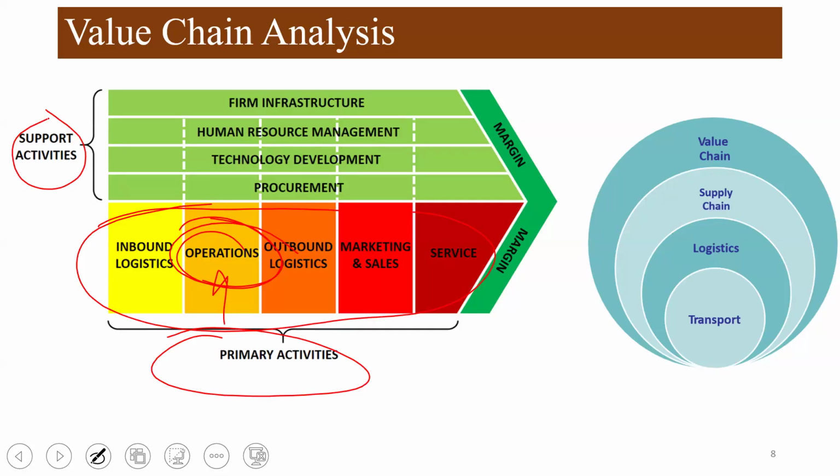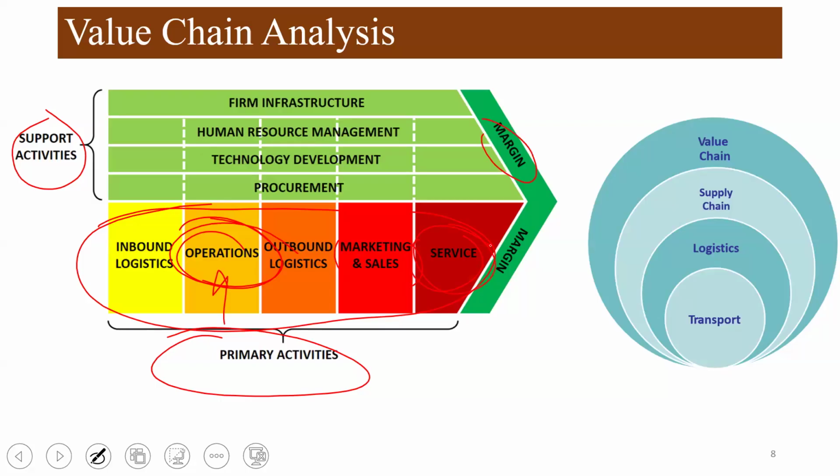You need to have research and development. So these are important things, key areas of the value chain. And margins, then marketing and service. So this is the bigger picture where you add value.